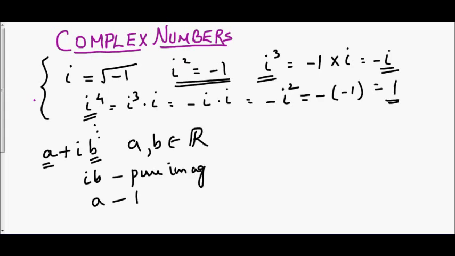In fact 2 is a complex number because you can write 2 as 2 plus i0. So it's of the form a plus ib, therefore 2 plus i0, which is 2, is a complex number. So all real numbers are complex numbers.